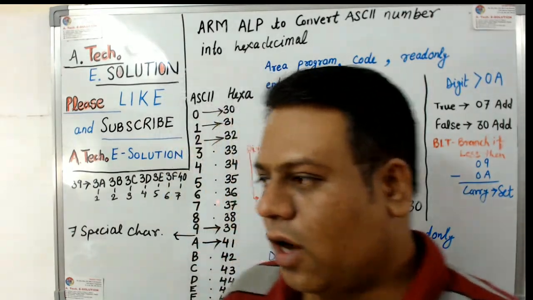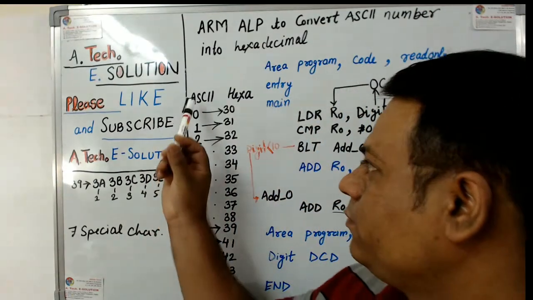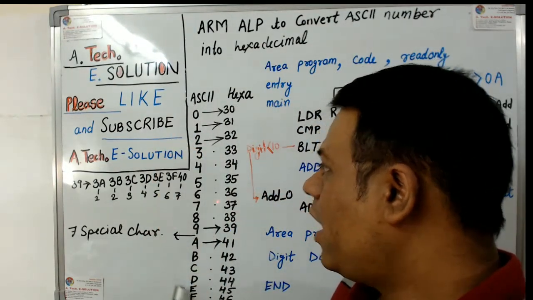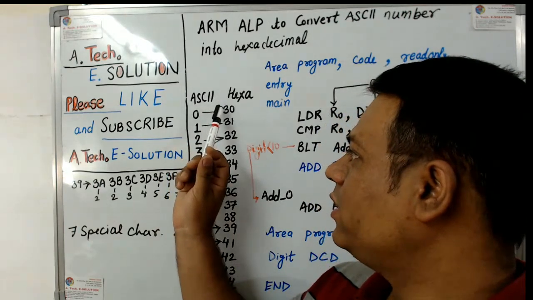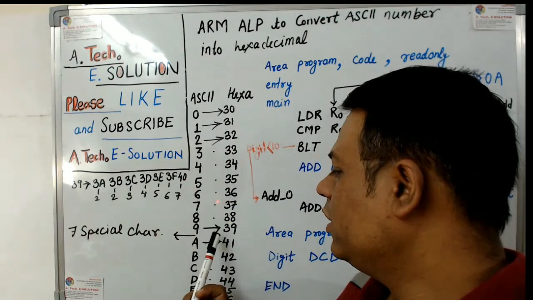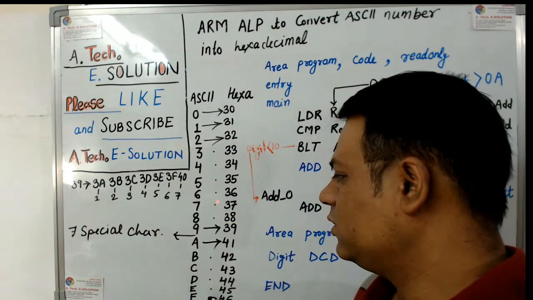First, the ASCII characters are written from 0 to 9 and A to F, and their corresponding hexadecimal numbers are written from 30 to 39, then 41 to 46.